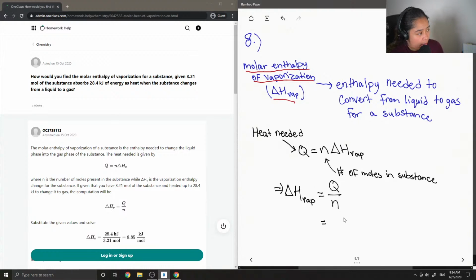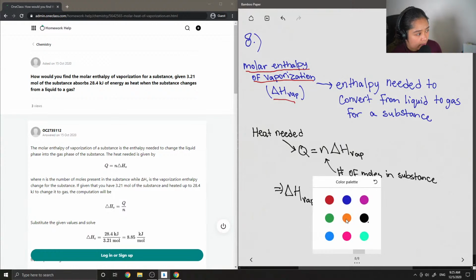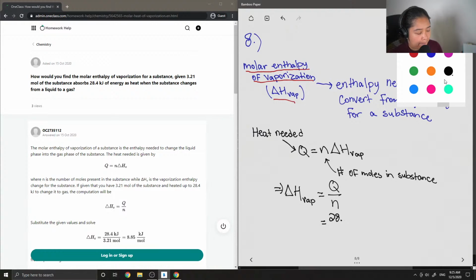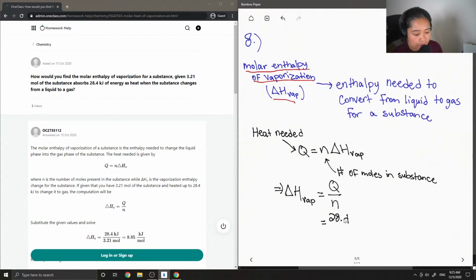Now let's sub in the values they gave us in the question: 28.4 kilojoules, divided by the number of moles, which is 3.21.